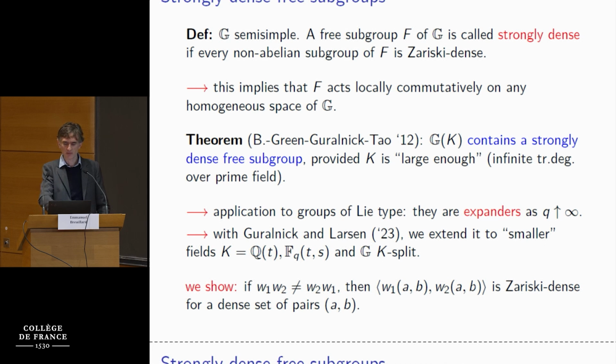But this theorem here just says you can find a strongly dense free subgroup. So in a sense, it's more akin to this ubiquity of free groups problem, and that's how we prove the theorem. We show that for any pair W1, W2 in the free group, two words that don't commute, then typically the image of W1 and W2 at an arbitrary generic pair (A, B) will generate a Zariski dense group.